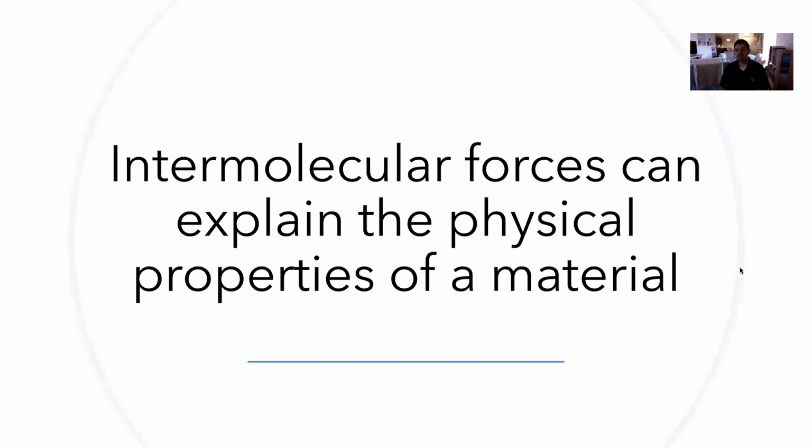So these intermolecular forces are going to explain the physical properties of a material. That's why it's so important for us, because for any material we look at, if we go down to its atomic level structure, its molecular structure, the IMFs happening there will explain the properties we see at our macroscopic scale.